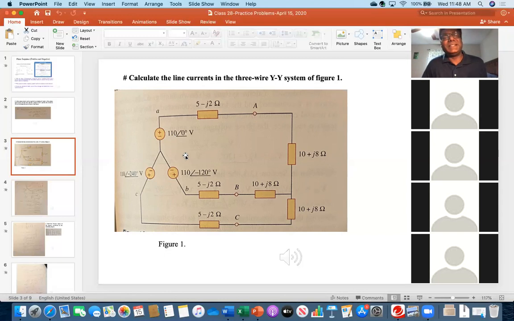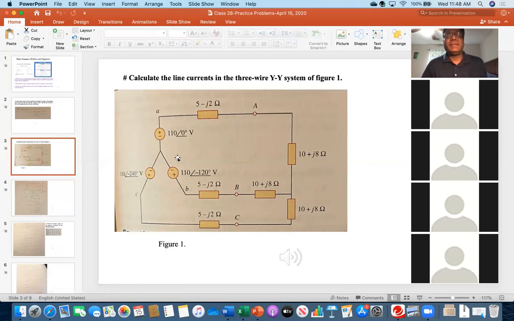I'm emphasizing this because in the next slide, when we do the problem, we will calculate for phase A, and then we will not do the full calculation for phases B and C. By looking at the positive sequence ABC, we will conclude. That is the significance of the phase sequence concept.